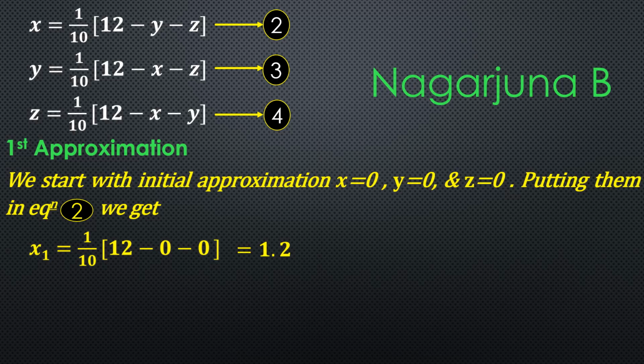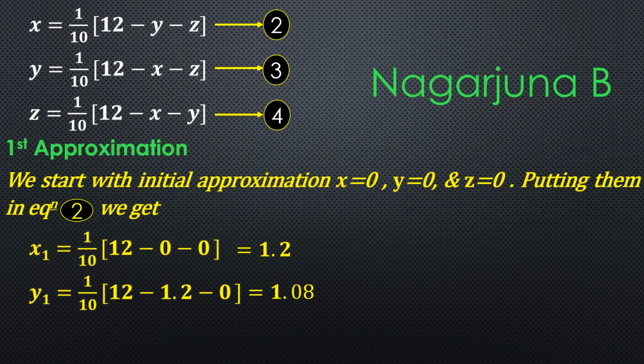Therefore, we can write y1 is equal to 1 divided by 10 into 12 minus x value as 1.2 minus z value as 0. In the calculator you can write, open the bracket, 12 minus 1.2, close the bracket, divided by 10, and it will give the answer, and that answer is 1.08.